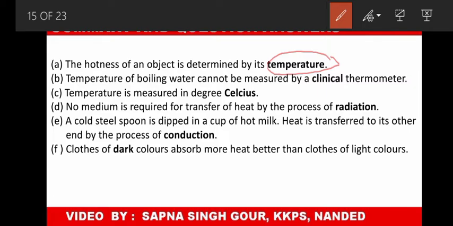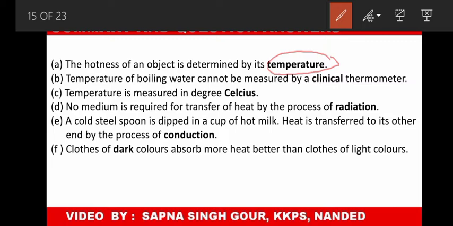Sometimes when you get a fever, you complain to your parents that you are feeling very hot. Then what do they do? They take the temperature with the help of a clinical thermometer. Why? So that they can see how much temperature you are having. So the hotness of an object is determined by its temperature.